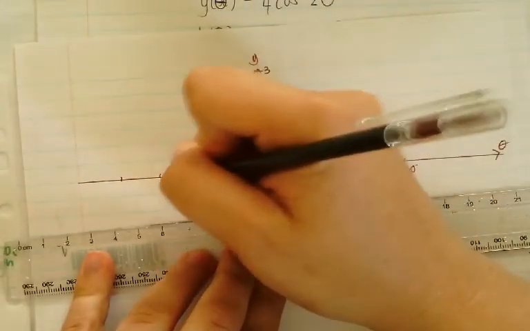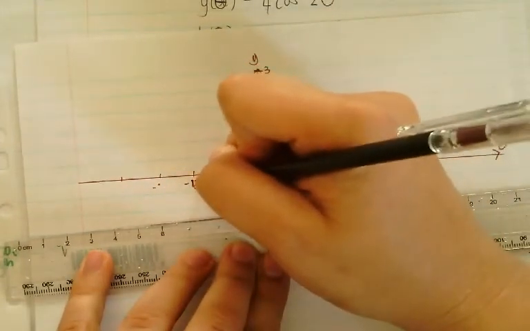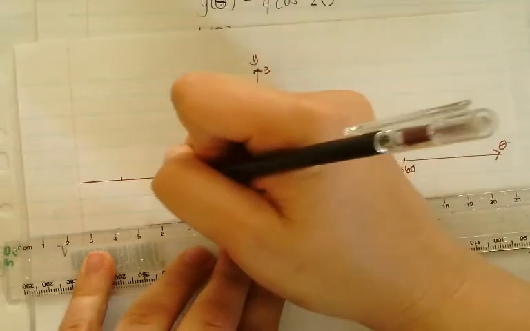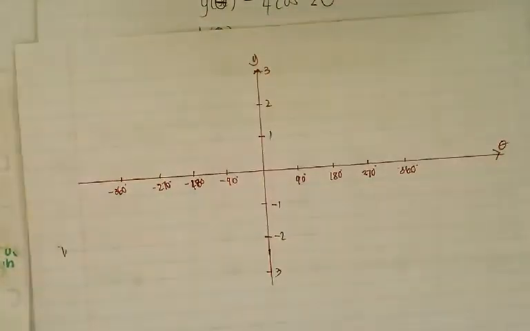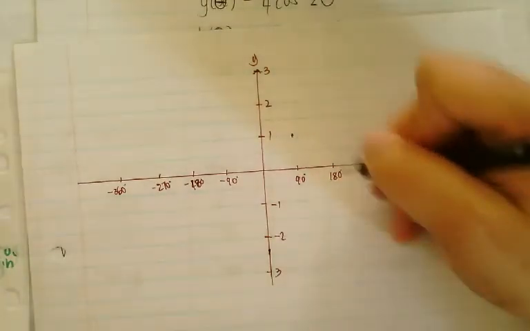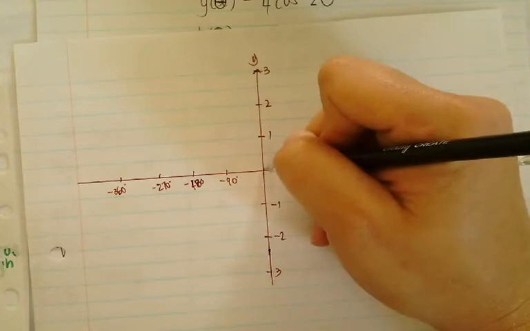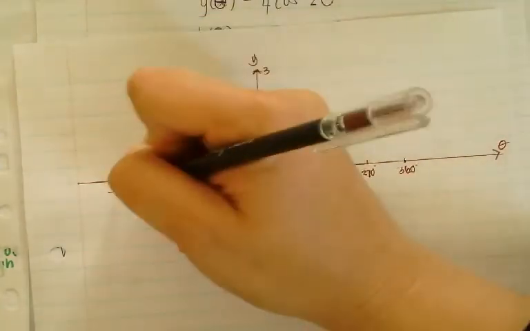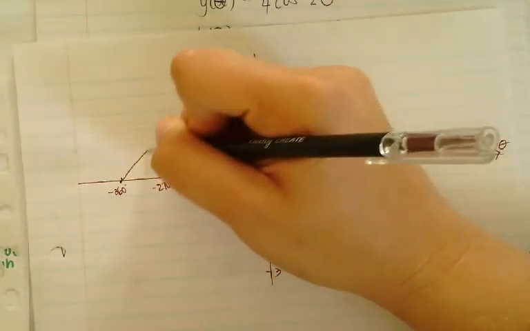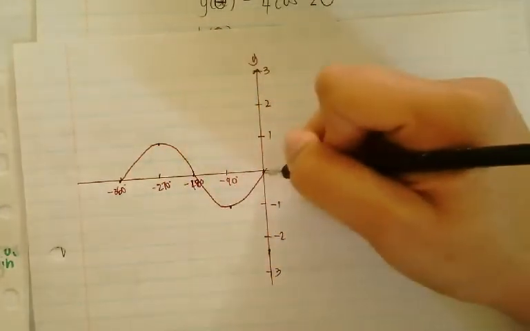When I make your practice ones, I'll make sure to put in some extra things for you to practice. Okay, mother sine. So obviously you would use your calculator until you get used to knowing what a mother sine graph looks like.